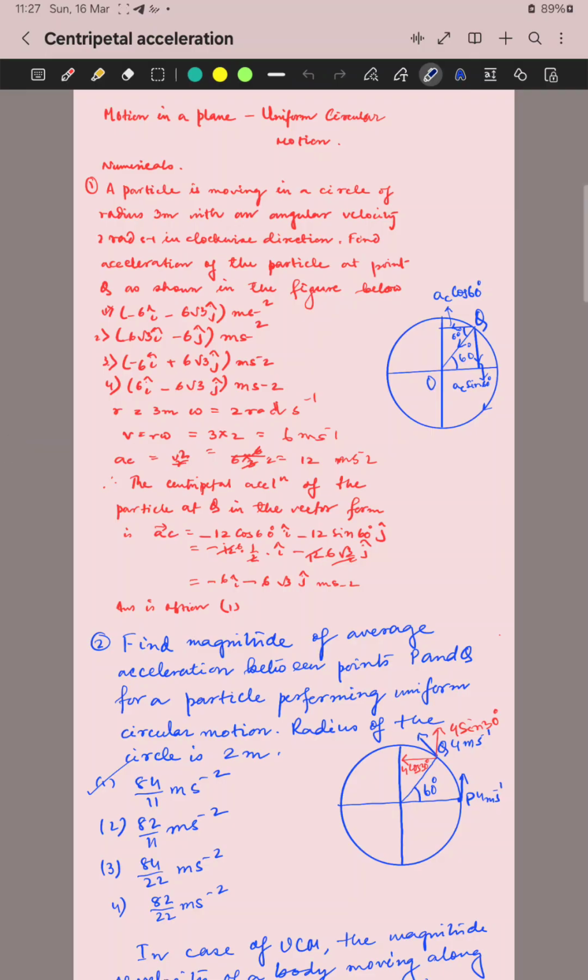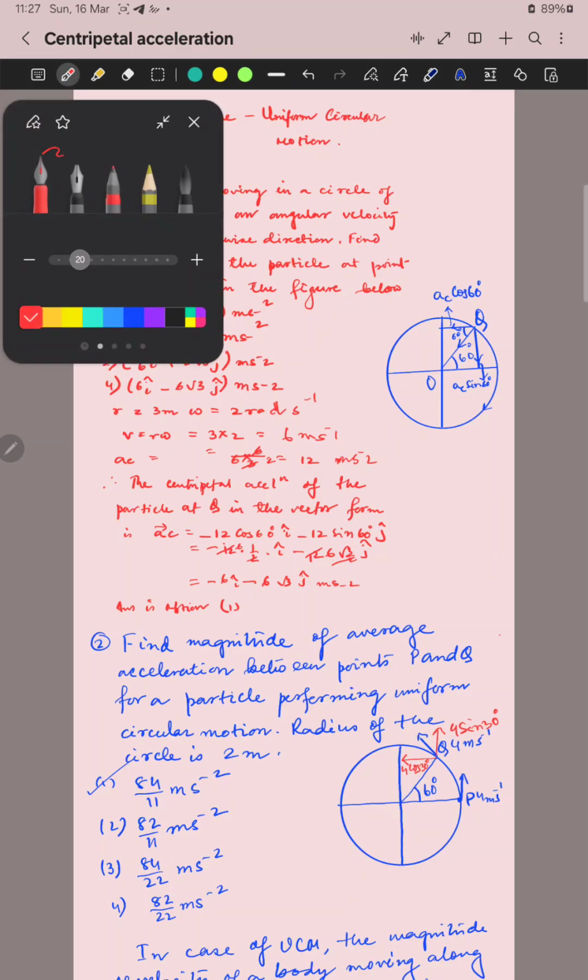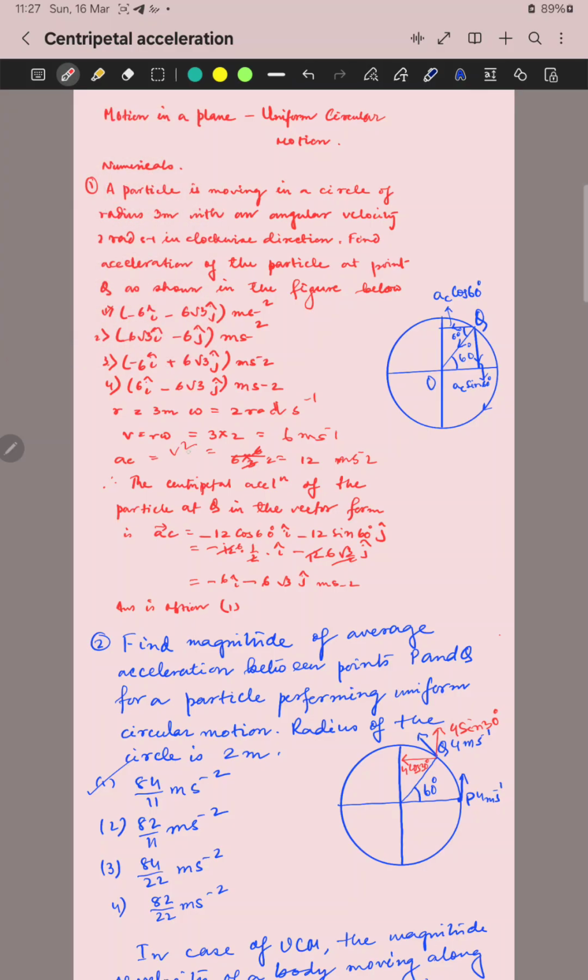So substituting the values of r and omega, we get the velocity, the constant speed with which the body is moving along the circular path, as 6 meter per second. Now the magnitude of the centripetal acceleration is given by v square by r.